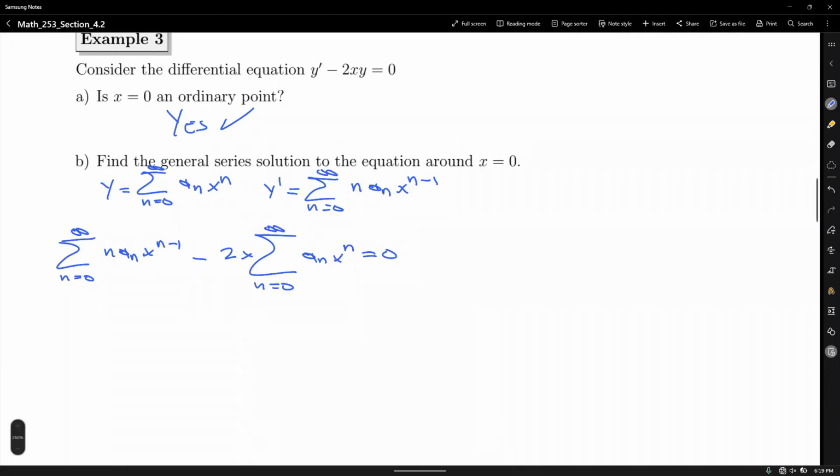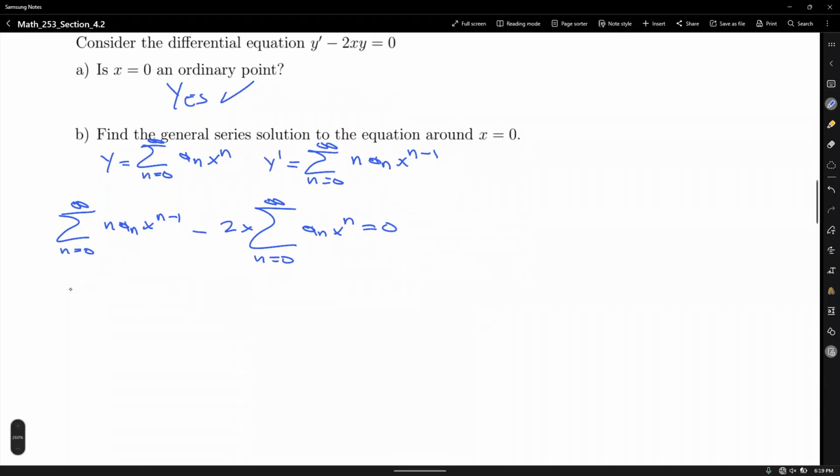Guys, here is the tricky part of the problem. Combine the series into a single one. So I'm going to first introduce the 2x inside the sigma notation and leave the other one the same: minus sigma n equals 0 to infinity of 2 a sub n x to the n plus 1. Agree? Okay.